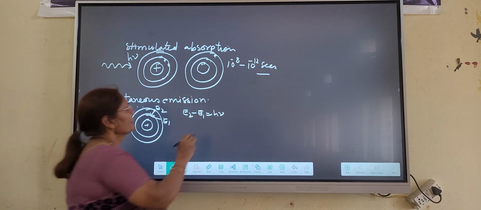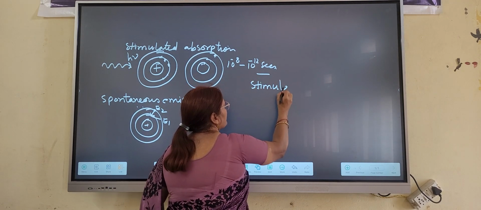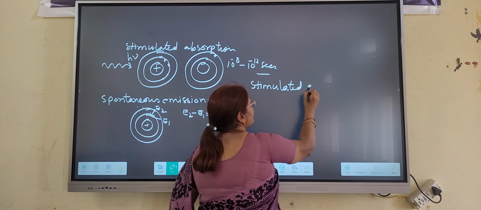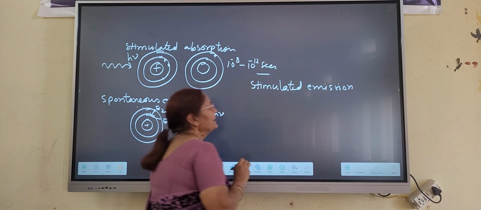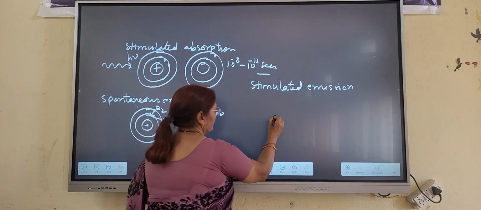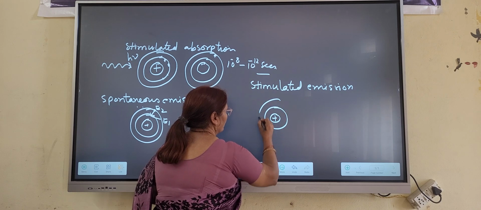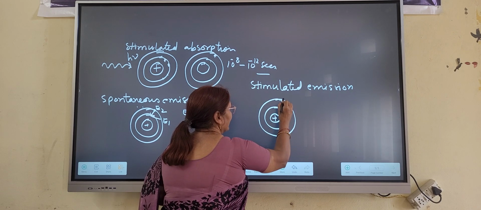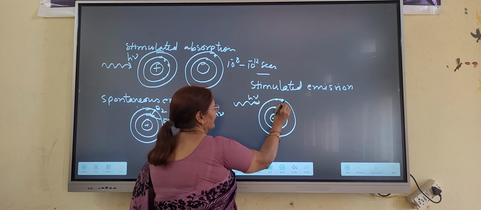Now next is stimulated emission. Now what does it mean? Stimulated means we have to use an external photon. This is the atom, and we are using a photon to hit this atom.